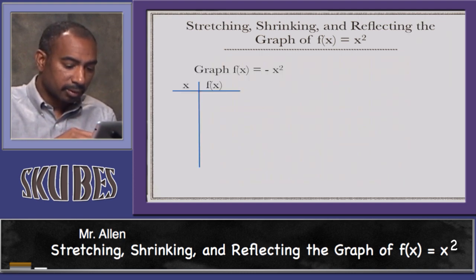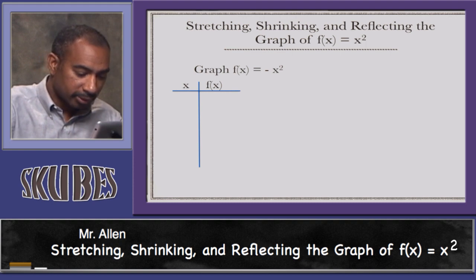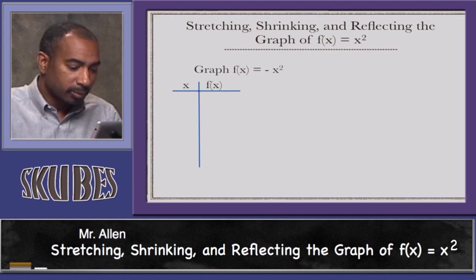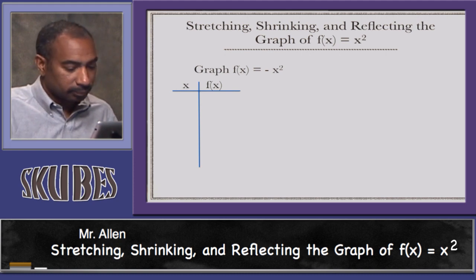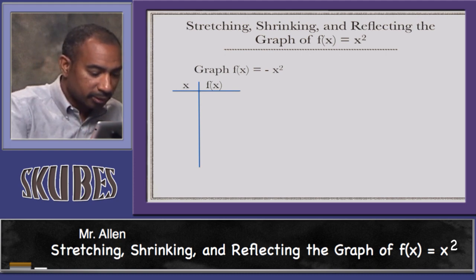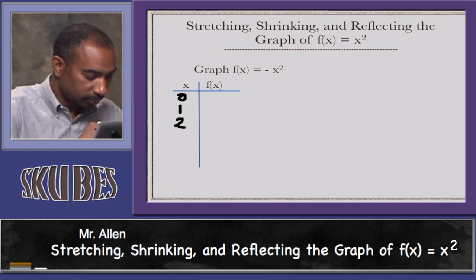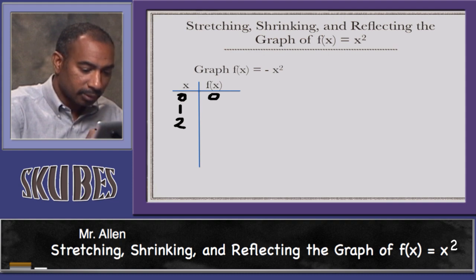Okay. Let's look at the reflecting. So we have f of x equals negative x squared. So let's plug in 0. Let's try 1, 2. You know this is going to be 0.